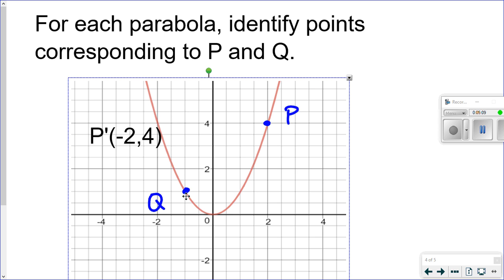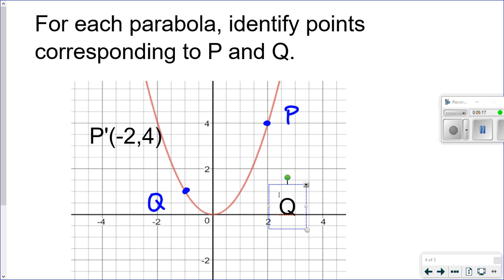And then Q is at negative 1, 1. So Q prime, again, has to be the same distance away from the axis of symmetry. So Q prime is going to be at 1, 1, because it's 1 unit away from the axis of symmetry.